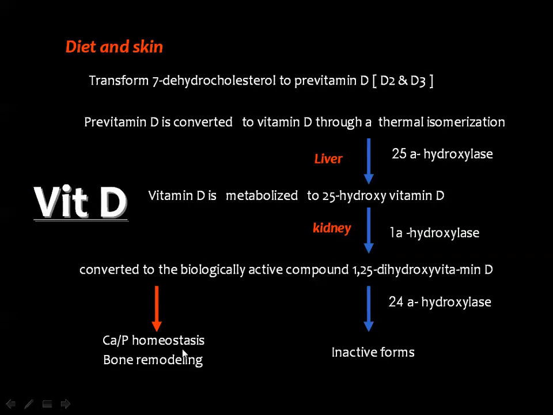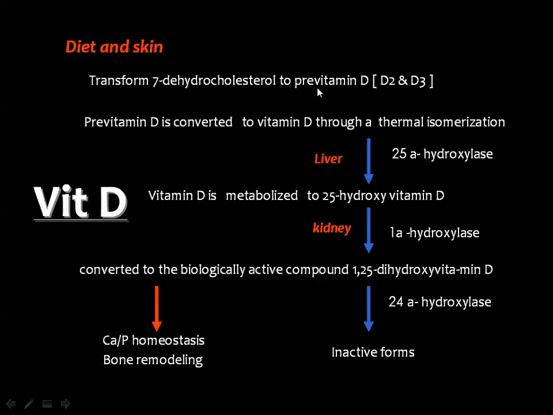Then this is just a scheme for how the vitamin D is synthesized in the human body. Actually, the main sources for vitamin D are the skin from the sunlight and the diet. These two main sources provide the pre-vitamin D, which is known as D2 and D3.